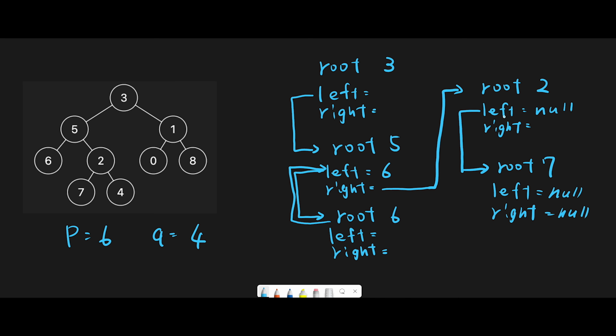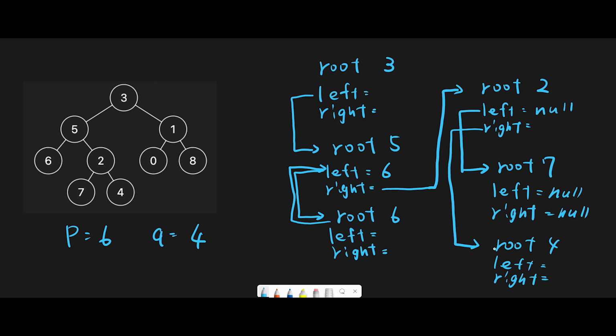And then we have another choice, the right path. So let's go to the right side. And then we found node 4. So now root is 4, and then left and right. But 4 is one of the target nodes, right? So that's why we immediately return the root node.